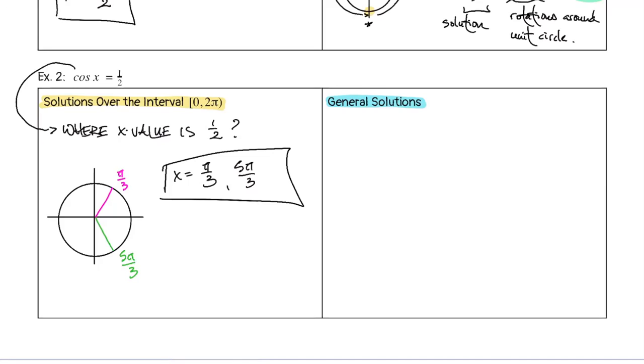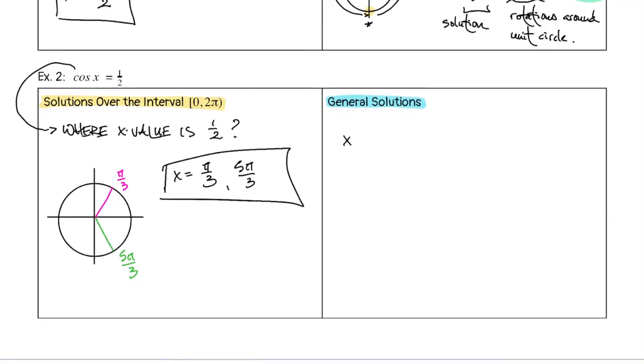Now, if I think about the pi over 3, if I were to go around one more time, I could land at the same pink line. If I went around 2 more times, I could land at that same pink line.